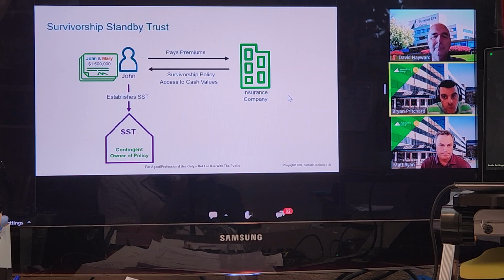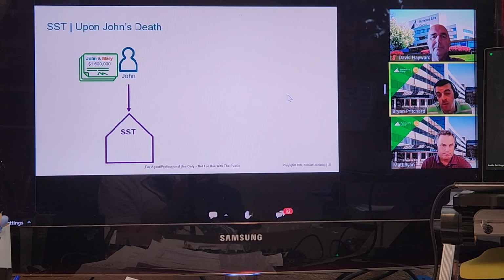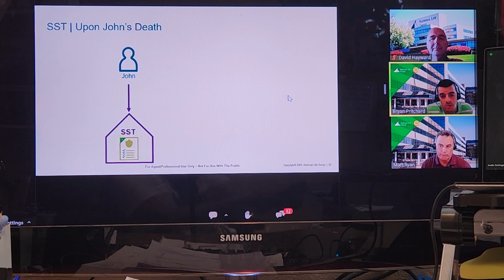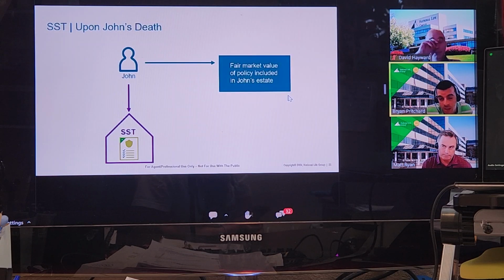In a perfect world, for the survivorship standby trust to be efficient, because what happens upon John's death when he owns the second to die policy on him and his spouse, and our survivorship standby trust is the contingent owner? Well, when John passes, there is nothing paid out, right? Because it's a second to die policy. So there is no payment stream that comes out. And what ends up happening is that the survivorship standby trust now becomes the policy owner.